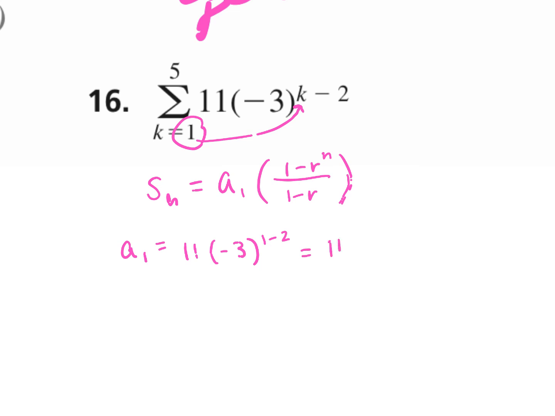What does the negative exponent do to our number? Puts it under 1, so it turns it into a fraction. So that negative 3 is going to go on the bottom of 11. And my pencil just gave out again. Super. Almost done. So a sub 1 is equal to 11 over negative 3. What is our ratio? What's r?